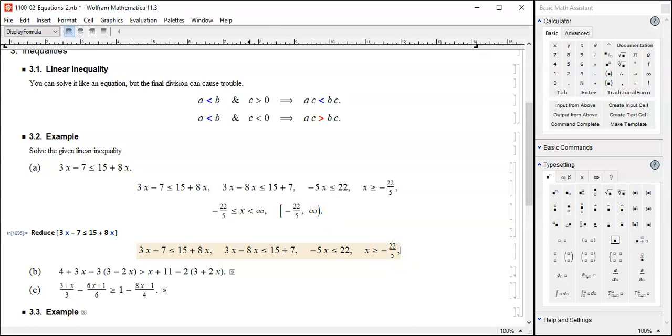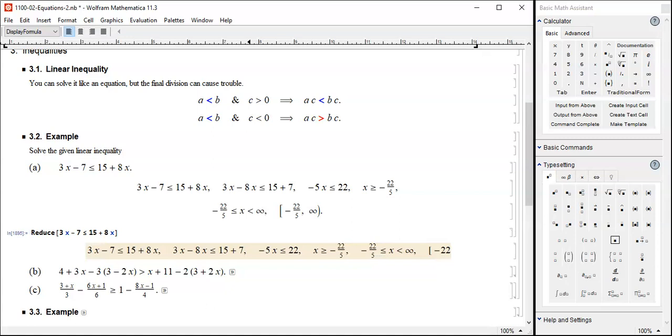So let me rewrite this entire thing. Negative 22 over 5 is less than or equal to x, like this. Or everything is less than infinity, so this is not really necessary, but if you insert it, then it's easier to get the interval notation.